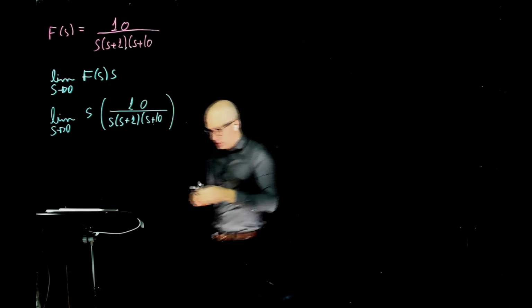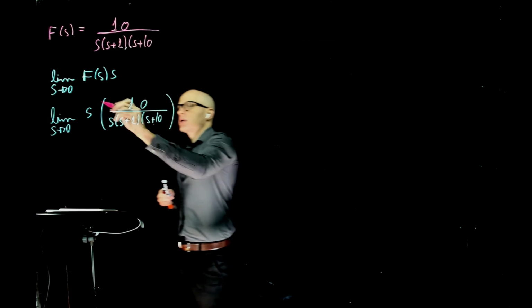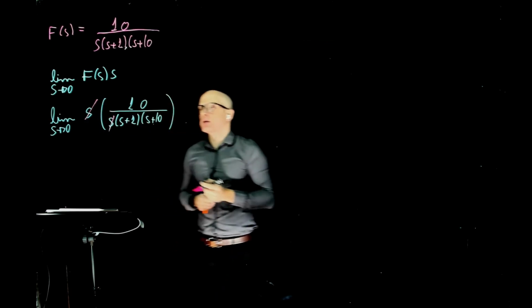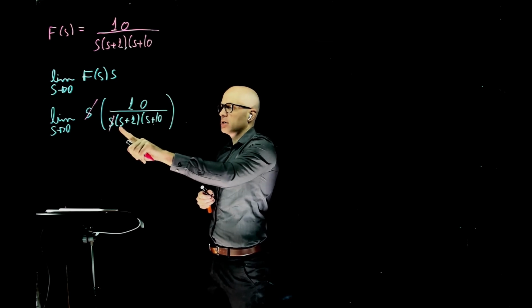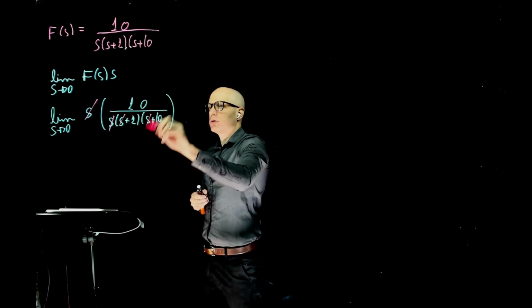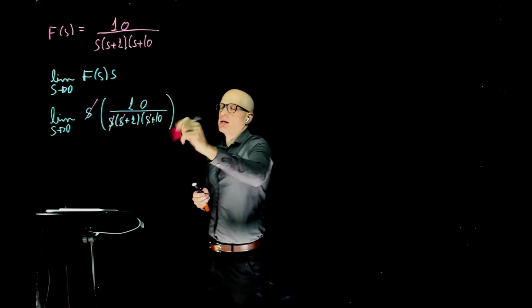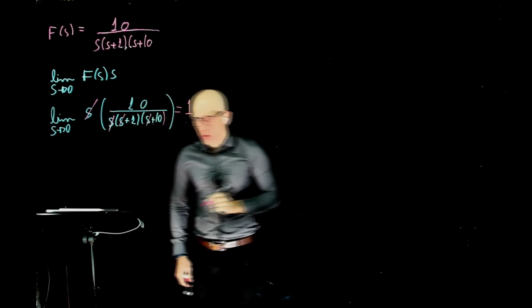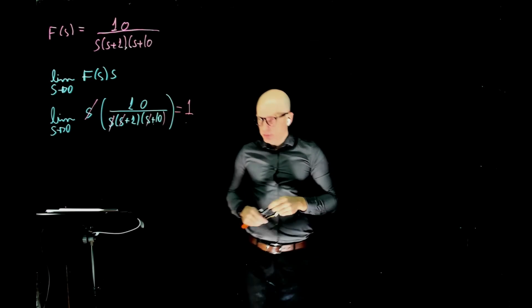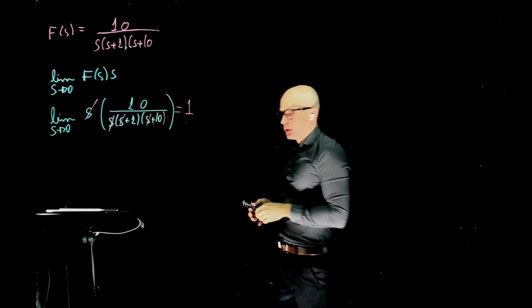So what happens here? This s cancels that s, and you're left with 10 divided by (s plus 1) times (s plus 10). As s goes to 0, that is 10 over 10, which is 1. So this tends to 1, the final value of the function.